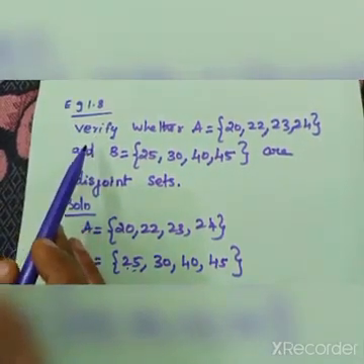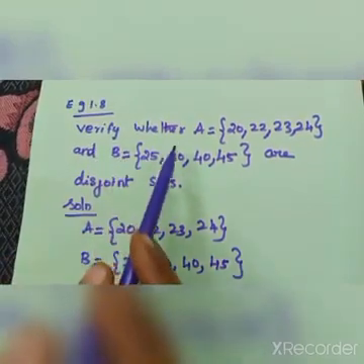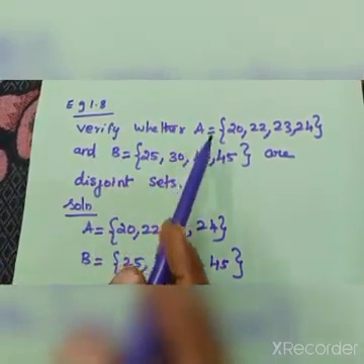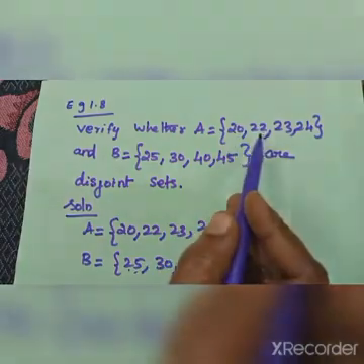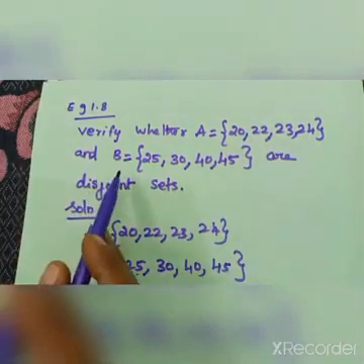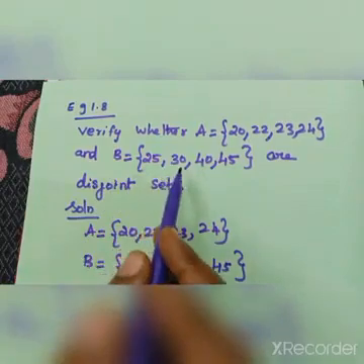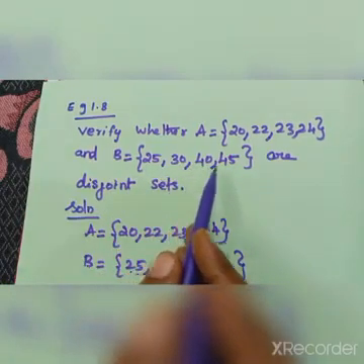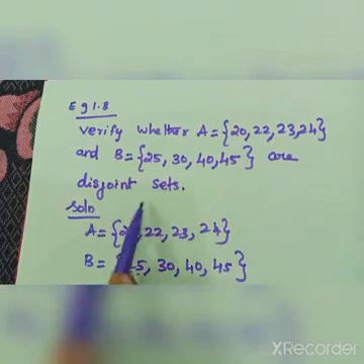Next, example 1.8. Verify whether the set A is equal to {20, 22, 23, 24} and the set B is equal to {25, 30, 40, 45} are disjoint sets.